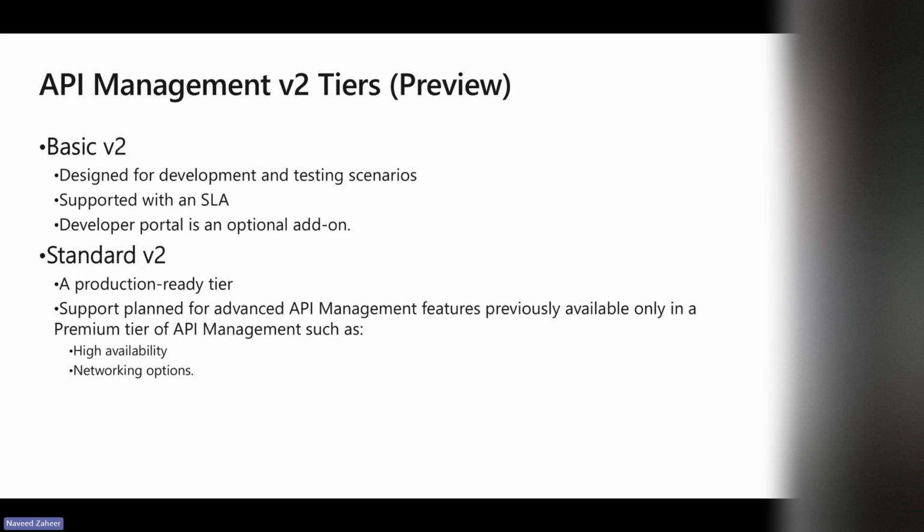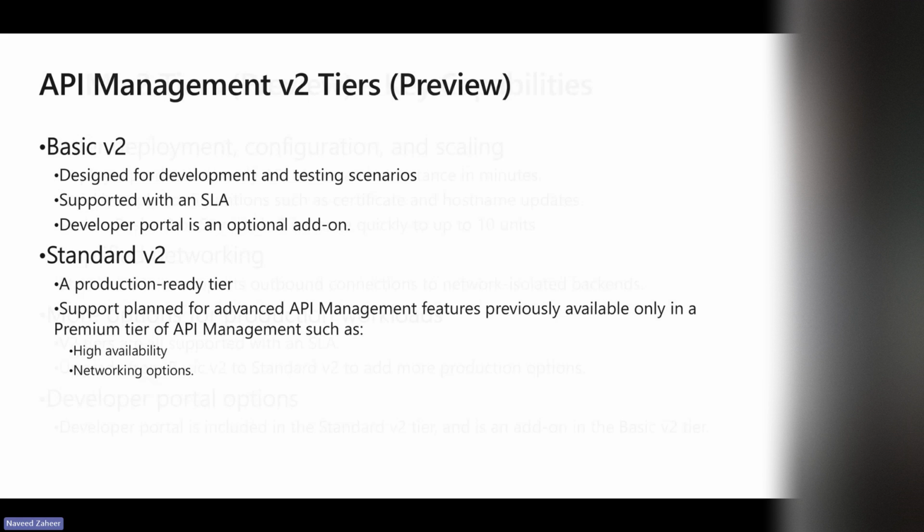Both allow scaling up to 10 instances, so you can basically add more instances and go up to 10 API management scale units. And standard V2 has another networking option, and we will take a look at that in a second.